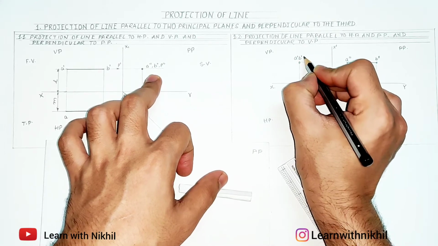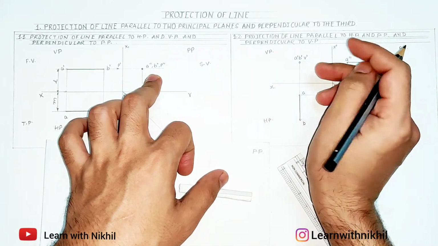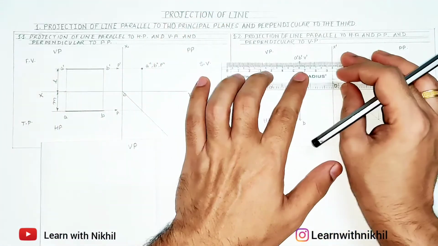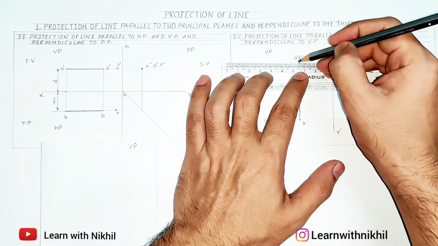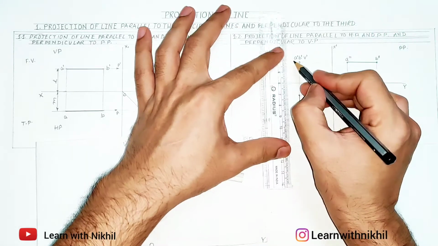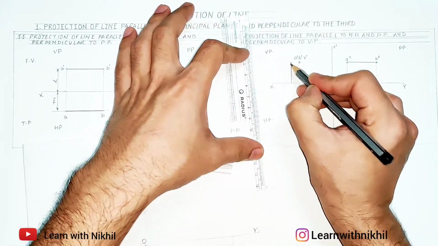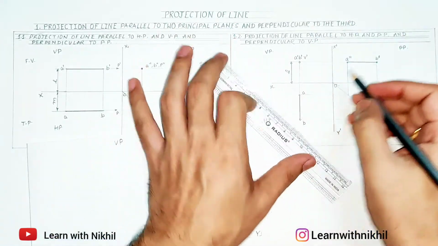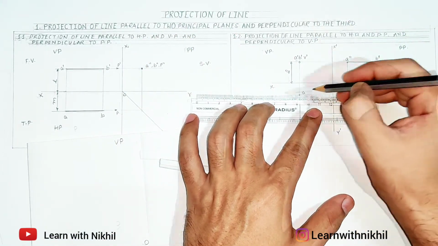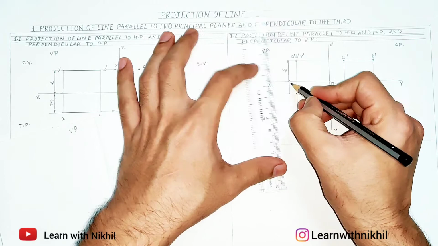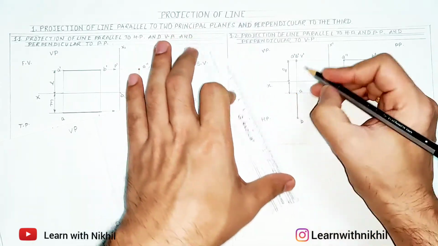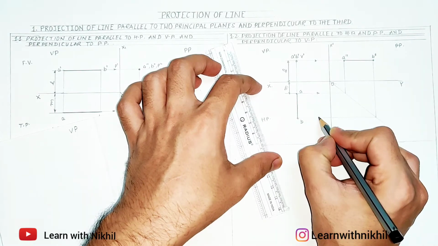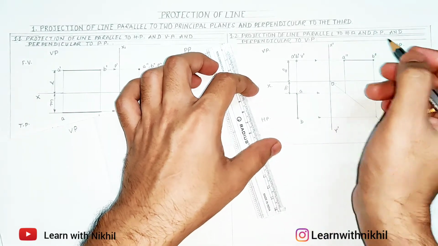So always keep in mind. Now this height distance is above the horizontal plane. So this distance is said as above the horizontal plane. We'll denote it as L, and this line is in front of the vertical plane. We'll denote it as M. Just marking the direction line, and we are done with this part.